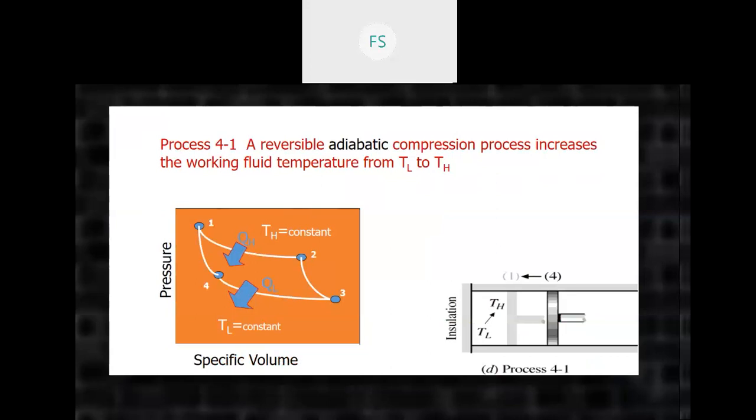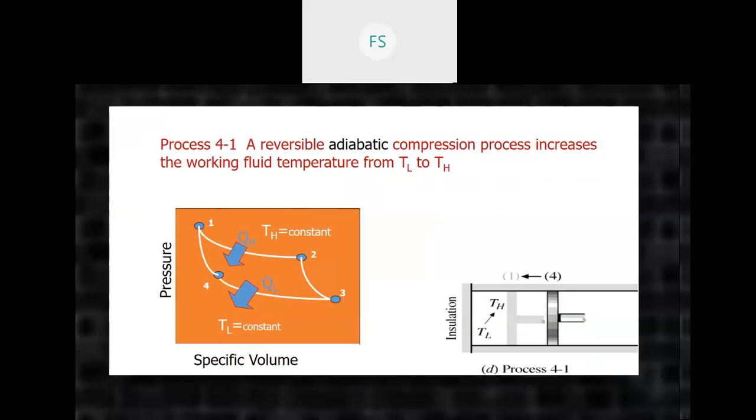During this process, the temperature increases from TL to TH. Why? As I said just now, during the compression process, temperature will increase. But for this last process, the system is insulated.